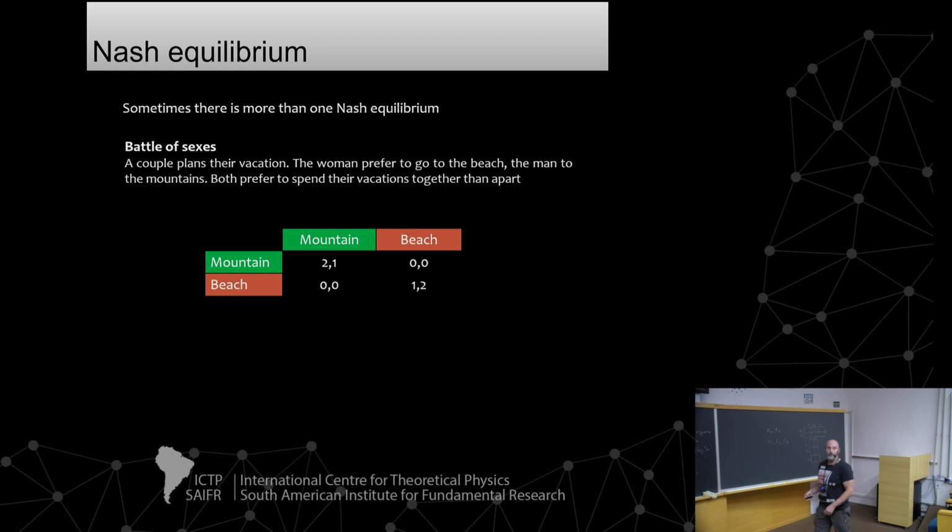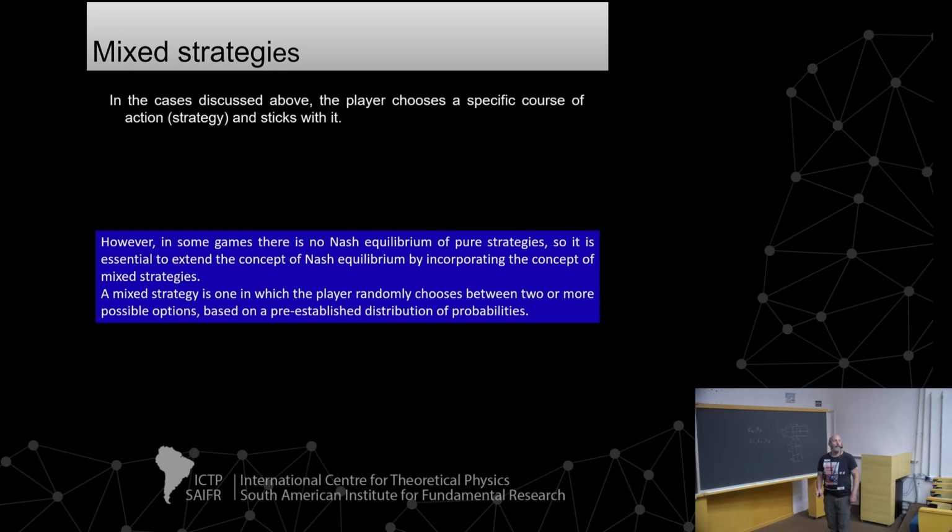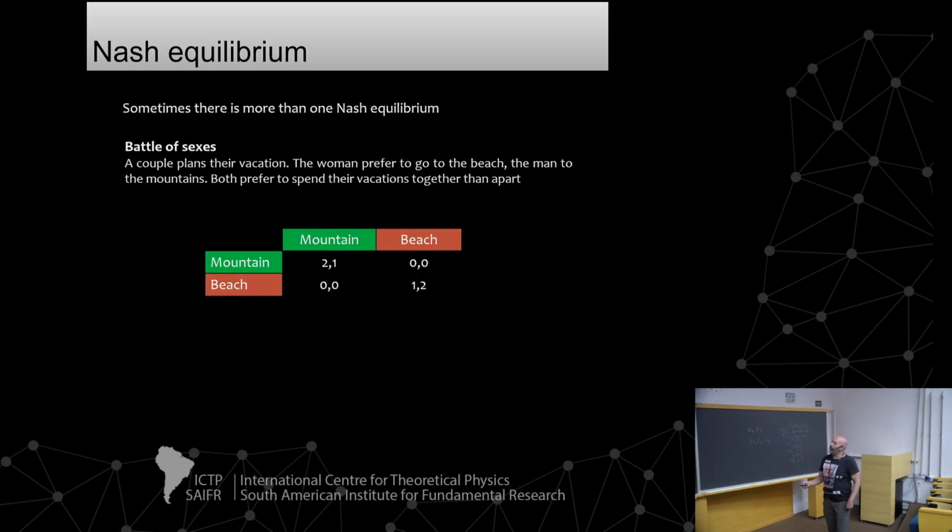Yes. In this case, it is kind of the first one who backs off ends up winning less. Well, yes. Maybe I can put -1 and -1. Okay, yes, but it will not change the structure of the game. One prefers mountain, one prefers beach, but if one of them is the more stubborn one, yes, ends up winning.